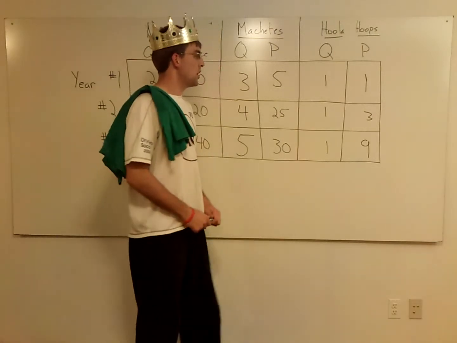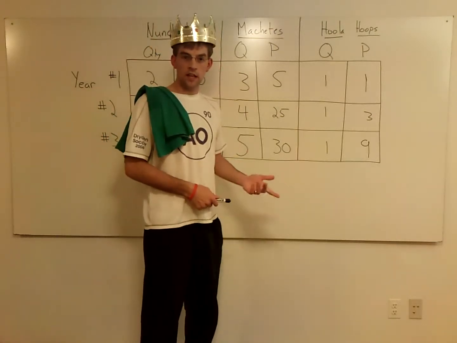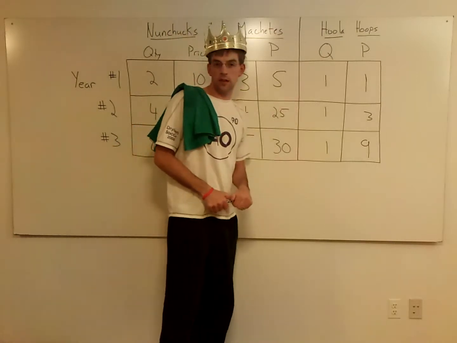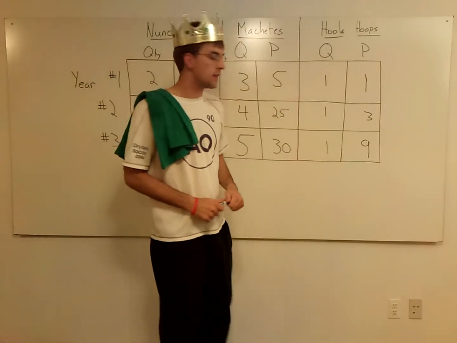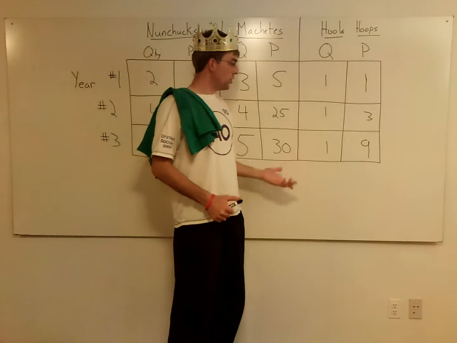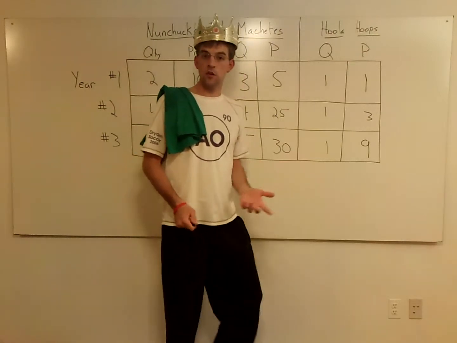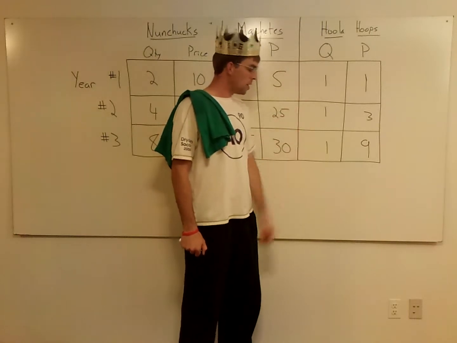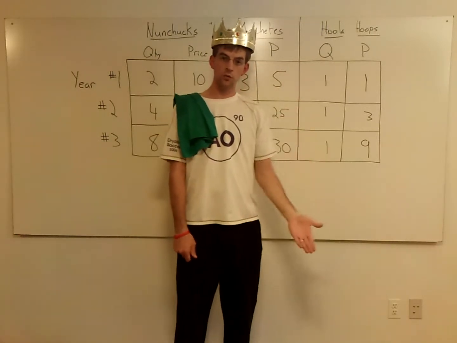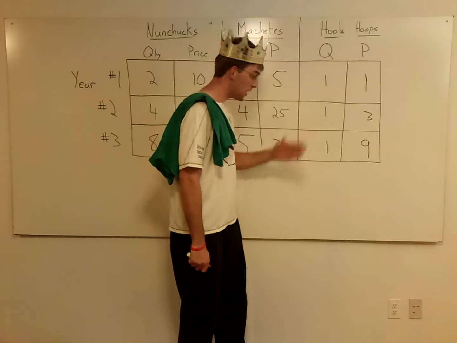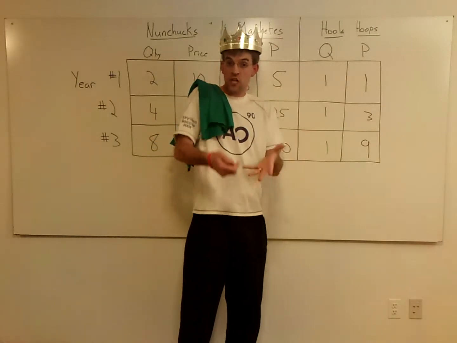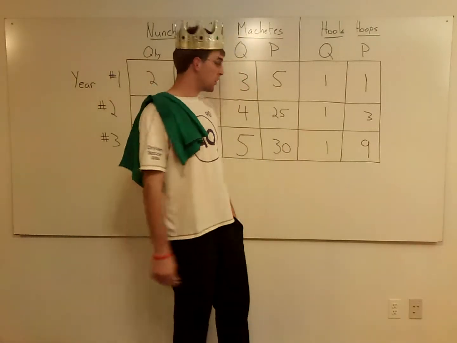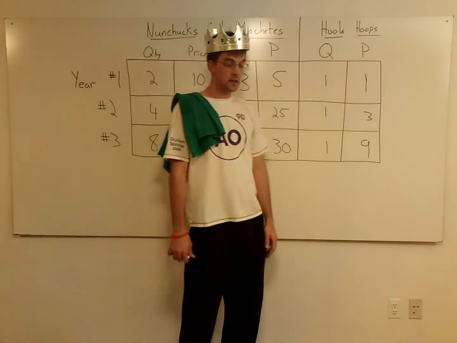So one is more reliable than the other. If you look, GDP is supposed to measure how much we produce. What do you notice about the hula hoop production for each year 1, 2, 3 here? It stays the same. And if GDP is supposed to be a measure of how much we produce, we would expect GDP to stay the same here.